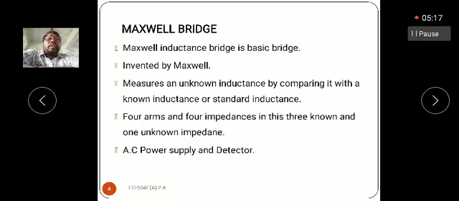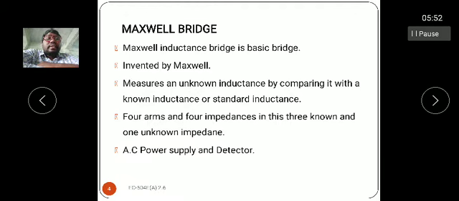The Maxwell's equations are derived for conductors, free space and dielectric materials, based on Gauss's law, Ampere's circuital law and Faraday's law. Maxwell designed the four Maxwell's equations. Here also, Maxwell invented this Maxwell's bridge circuit.